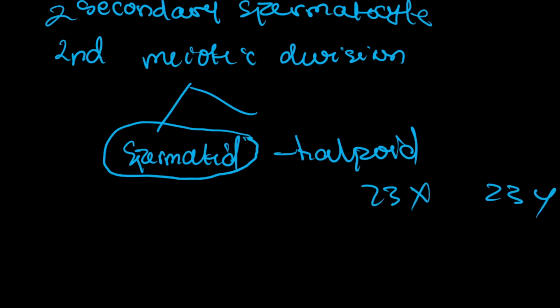Taking a look at this picture that we have here, we can see the entire process summarized. Here we have the spermatogonia, which is diploid, containing 46 chromosomes, XY, and then it differentiates into the primary spermatocyte, which is still diploid, 46 chromosomes, XY.